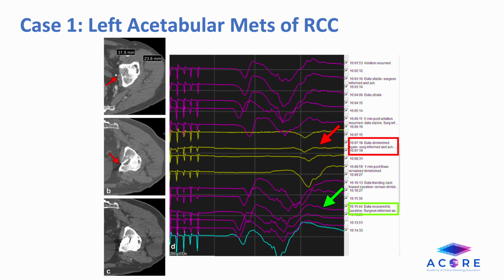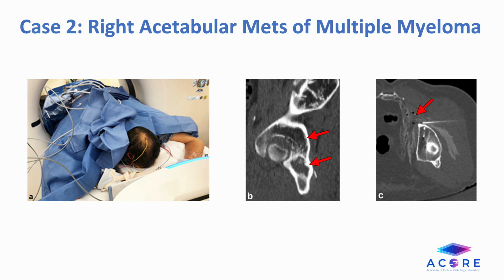Complete recovery of the amplitude after 5 minutes is shown here by the green arrow, followed by the initiation of a second freeze cycle truncated to the point prior to the detected significant motor evoked potential reduction. The final motor evoked potential demonstrated stable amplitude, and the patient had no deficits upon extubation.